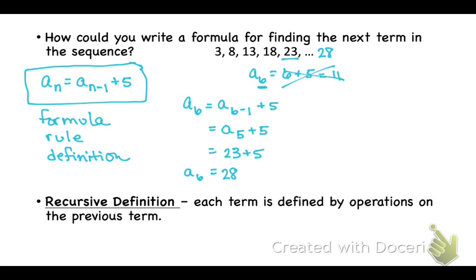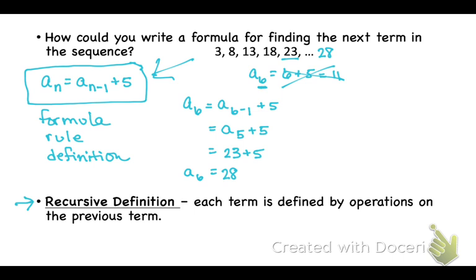But this kind of definition right here is known as a recursive definition. What word should recursive remind you of? Recurring. Are we having to bring up the previous term to get to the next one? Yes.